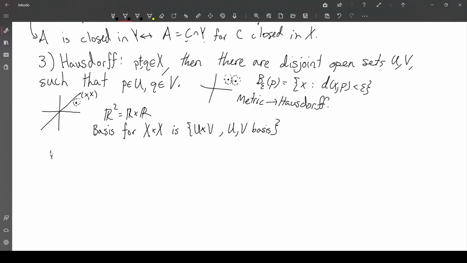So first of all, if you have a point P in x times x that's not in the diagonal, then that means P is represented by coordinates P comma Q, and P is not equal to Q, because it's not on the diagonal.